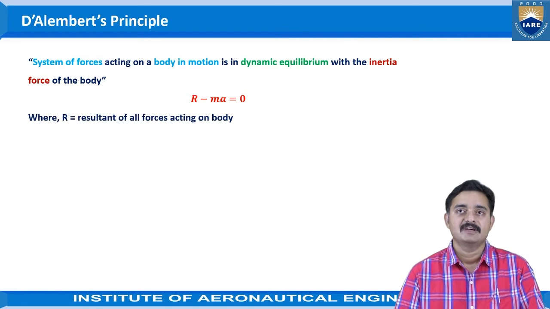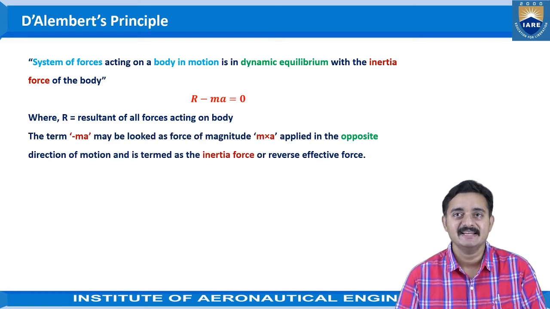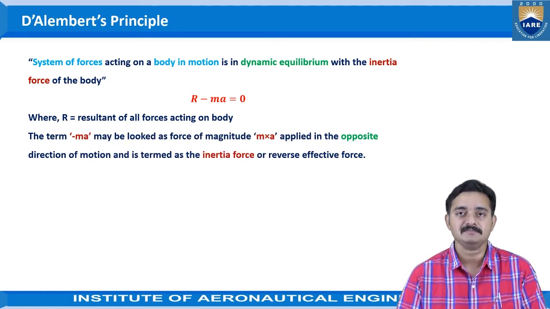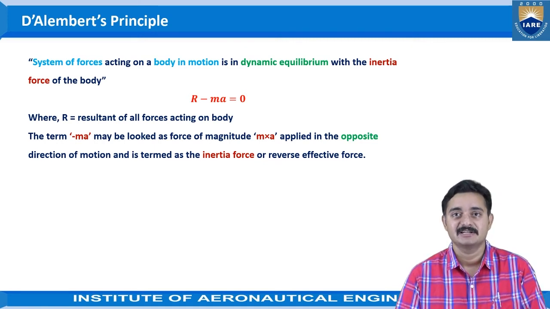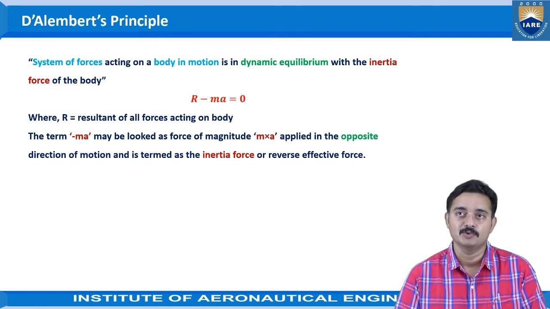Okay, so R is the resultant of all the forces acting on the body, and the term minus ma may be looked at as a force of magnitude mass into acceleration, applied in the opposite direction of motion, and is termed the inertia force or reversed effective force.